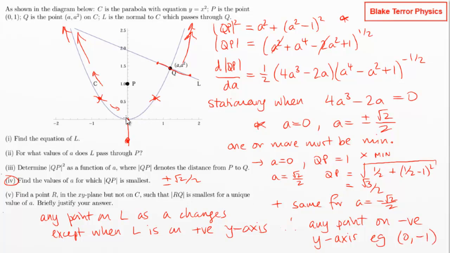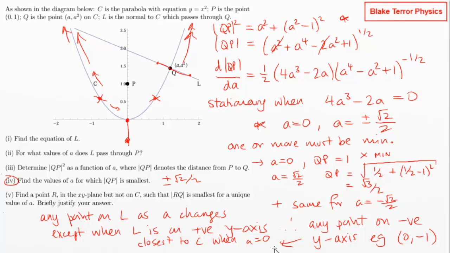That would work out fine because then that's going to be closest when A is 0. We might even want to put that in afterwards. So we can say closest to C when A equals 0.